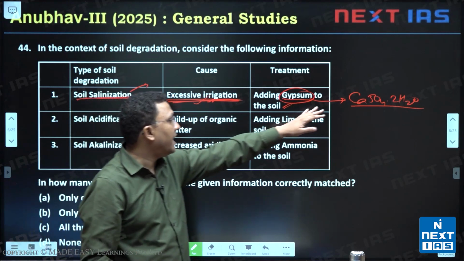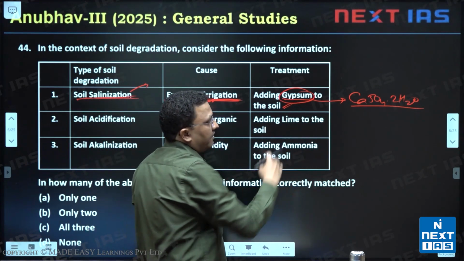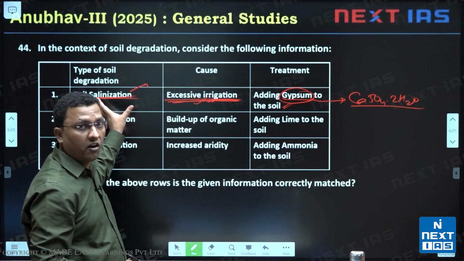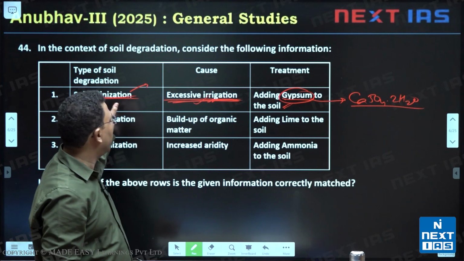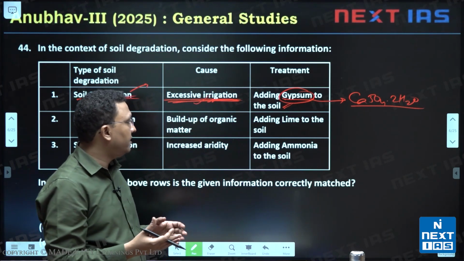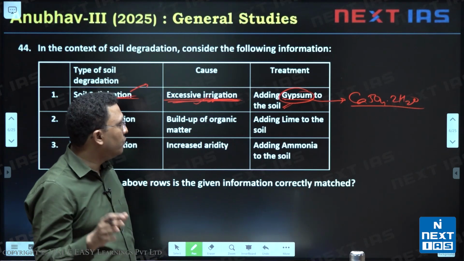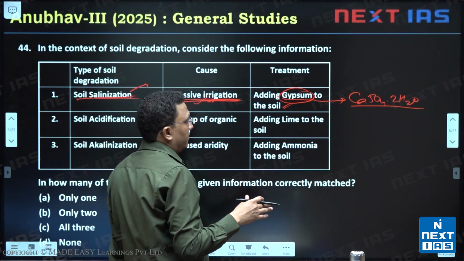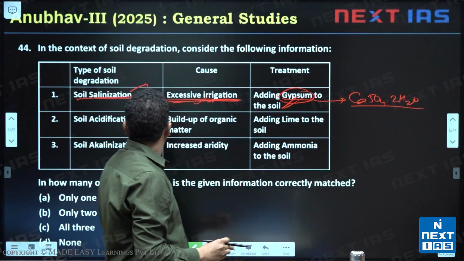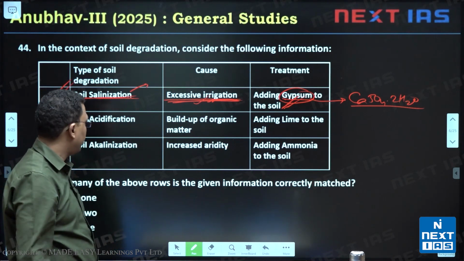When we add gypsum to the soil, it performs a certain reaction and binds with the salt ions, and the new material formed by the reaction is soluble in water, so it gets dissolved and moves along with the running water. So adding gypsum to the soil is the correct treatment for soil salinization. That means the first row is correctly matched.